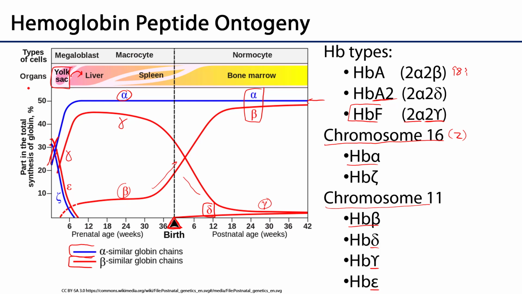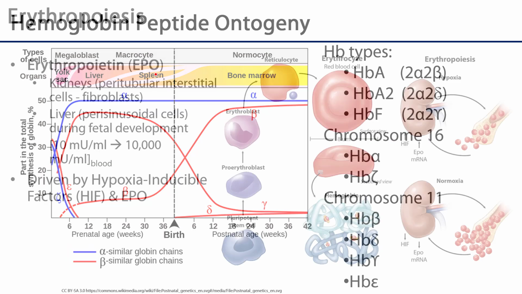And as the liver edges out, the spleen increases its amount, and then we see that the bone marrow is really producing the bulk of hemoglobin. So that hematopoietic connective tissue in the red bone marrow is the dominant supply for hemoglobin and red blood cells.